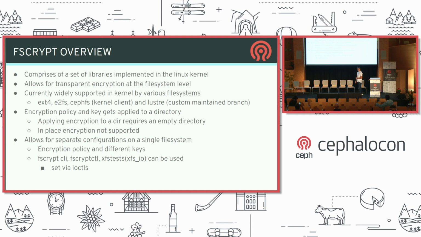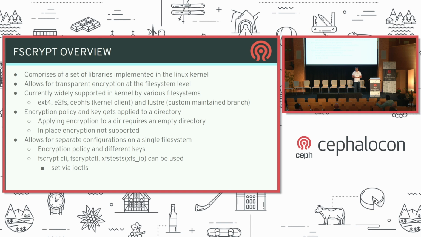One major feature of fscrypt is that within a file system, you're able to have different policies and keys on different directories. For instance, directory 1 has some policy and a key, and each different directory can be tunable, which allows for multi-tenancy.